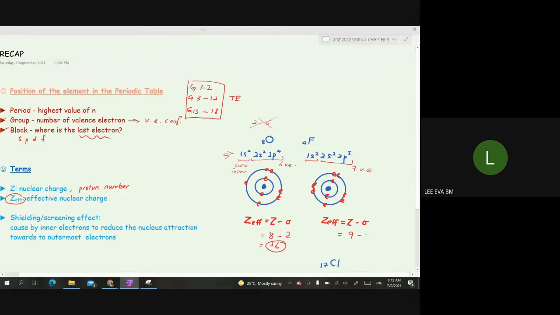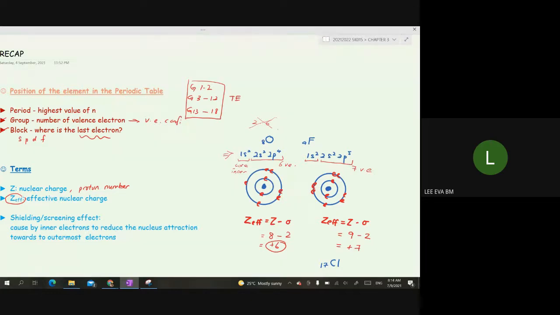It is still the same: I still have 2 inner electrons inside the inner shell. So for fluorine, my Z effective is equal to positive 7. That means the nucleus applies a force of positive 7 towards my valence electron, or my outer electron.